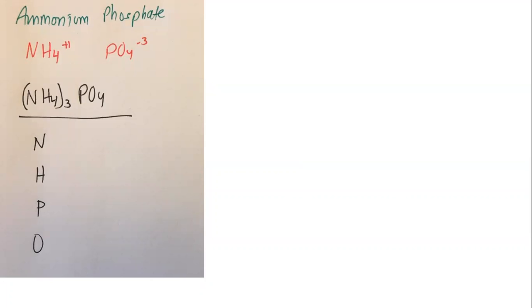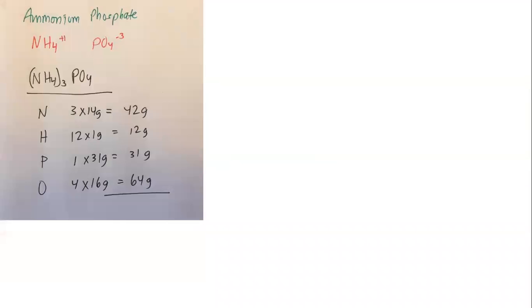In this compound, there's nitrogen, hydrogen, phosphorus, and oxygen. And now let's just count. There's going to be 3 nitrogens because the ammonium is tripled. There's going to be 12 hydrogens because the H4 in ammonium is tripled. There's 1 phosphorus and 4 oxygens. The molar masses I got from the periodic table. The molar mass of nitrogen is 14 grams per mole.